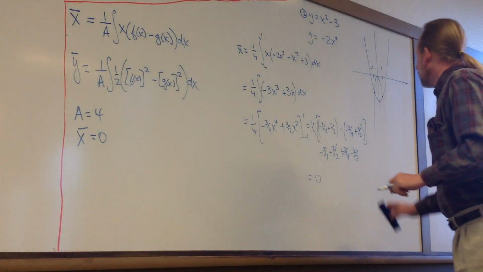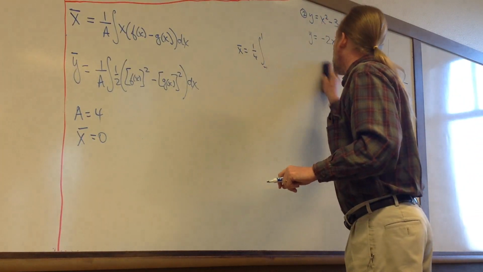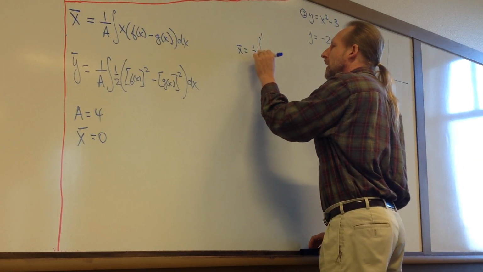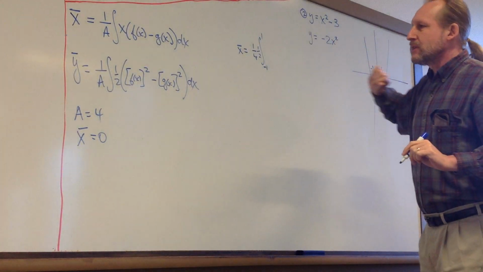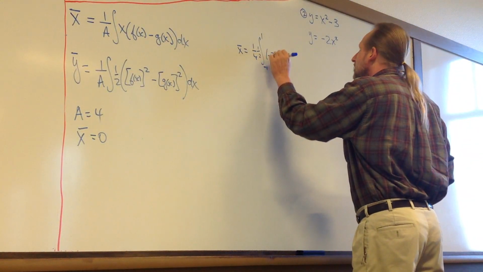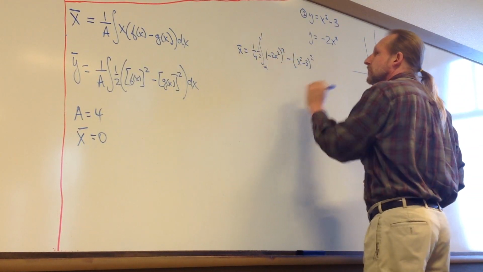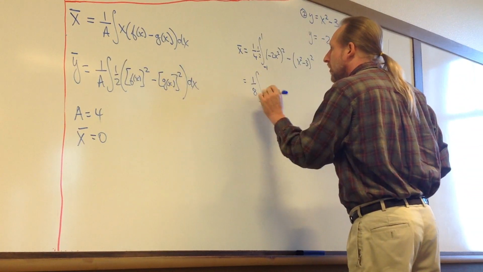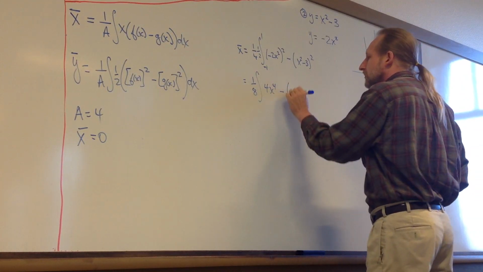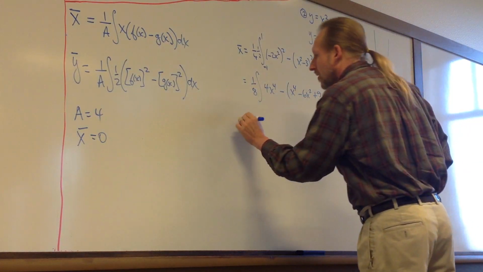Okay. The y bar is going to be a little bit more interesting. So let's see what we get there. Okay. We got the same 1 over A. Oh, and then we're going to need that 1/2, right? Same limits of integration. Now we need f squared, so negative 2x squared all squared, and then minus x squared minus 3 all squared. So that's going to be a positive 4x to the fourth, and then minus x to the fourth minus 6x squared plus 9.